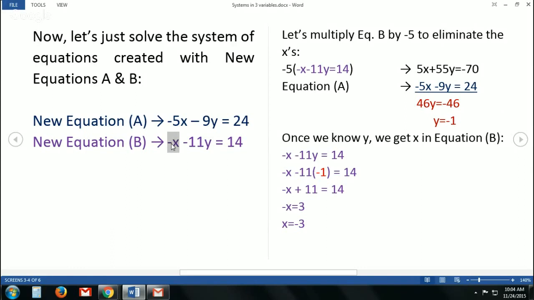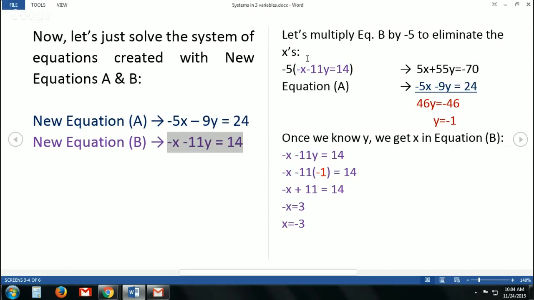It's easy to multiply -1 by something to get the opposite of what we have in the other equation. Now, opposite of minus 5x would be a positive 5x. How am I going to turn this negative 1x into a positive 5x? Let's multiply everything on this row by a -5, and that'll do it.